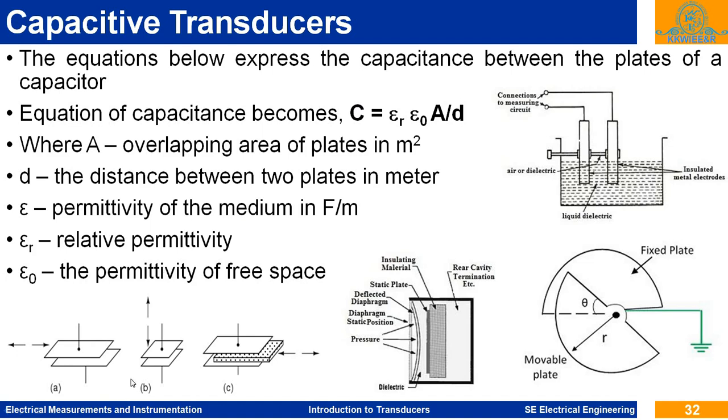Then here one plate is fixed, another plate is moved in the up and down position. So the distance between the two plates is changed, while the area is fixed. So 1 upon d changes with capacitance. Then these two plates are fixed, but the dielectric medium between the two plates changes.